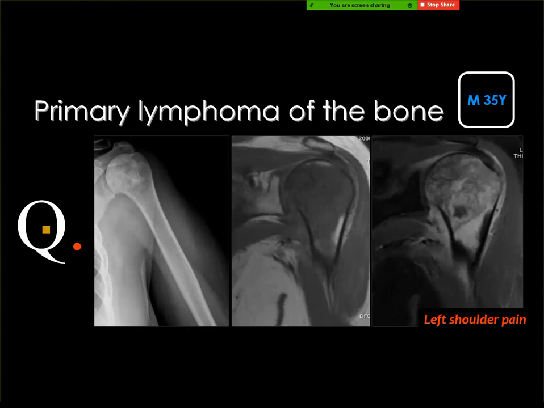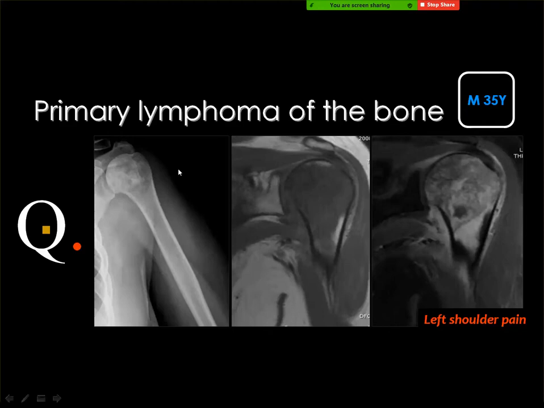of three possibilities which are commonly put in the differential diagnosis. The three possibilities are number one, a primary bone tumor characteristic for this particular bone and the age of the patient. Number two is lymphoma. Number three is metastasis.